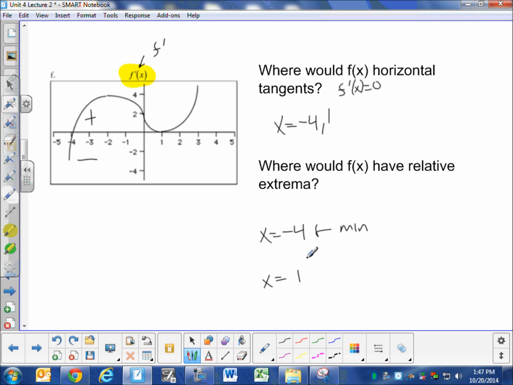But at 1, I go from positive values to positive values. That means this is neither a max nor a min. You could have a situation at 1 on the graph of f where we have increasing, then a 0, and then we go back up to increasing again. You can look at that like this: increasing, a 0, then back up to increasing. Okay?